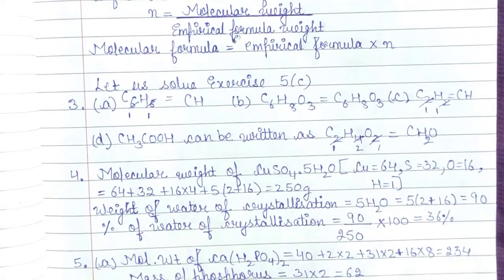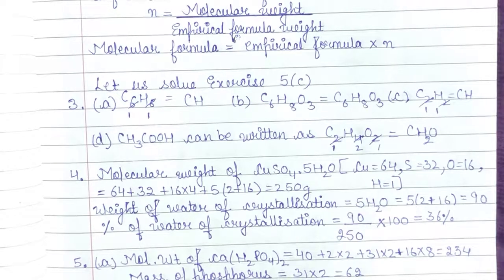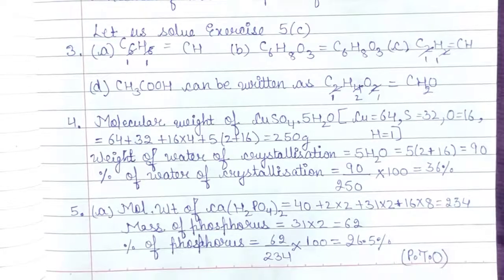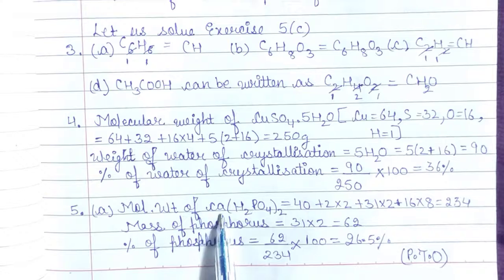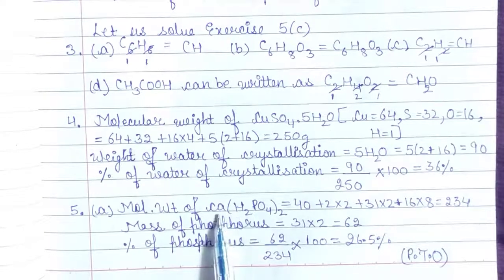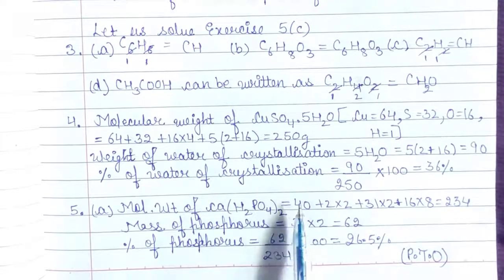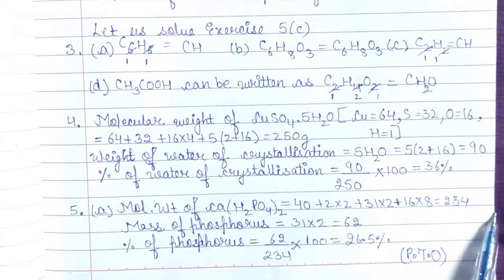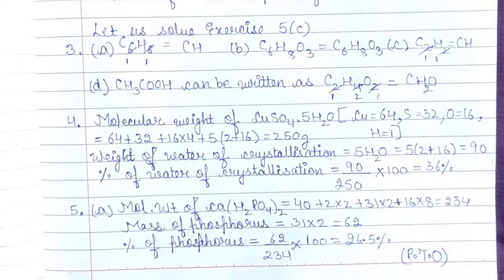Now, moving on to the fifth question, A part. In this question, the molecular weight of calcium dihydrogen phosphate, Ca(H2PO4)2, is equal to 234. As you know, you can calculate the molecular weight of any compound. Now, the mass of phosphorus is given as 31 into 2, that is equal to 62.